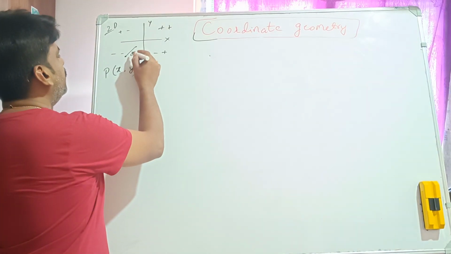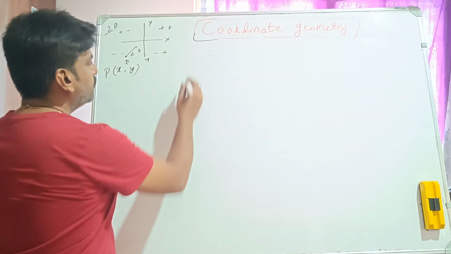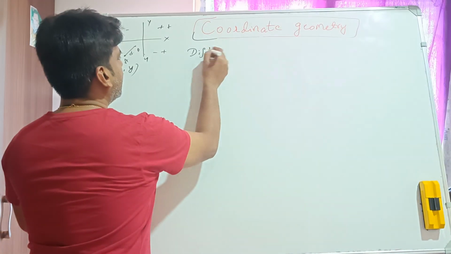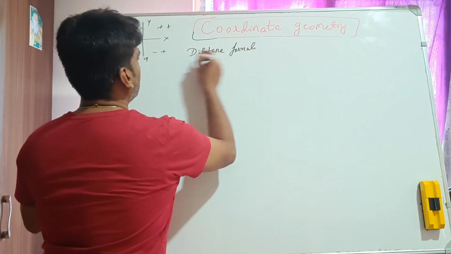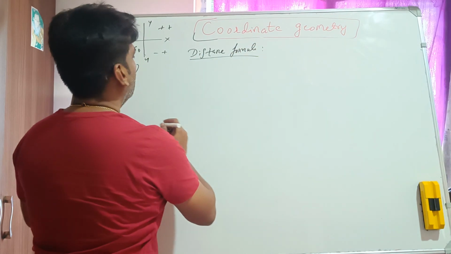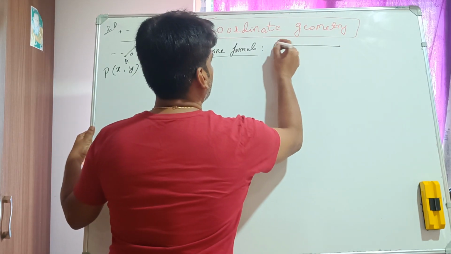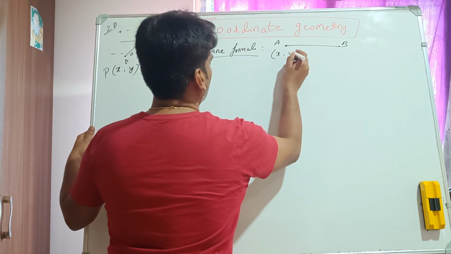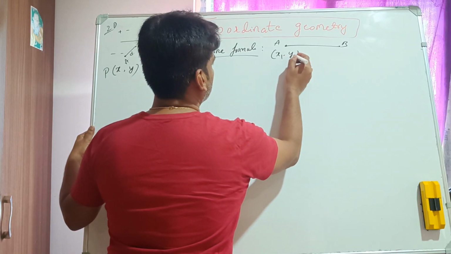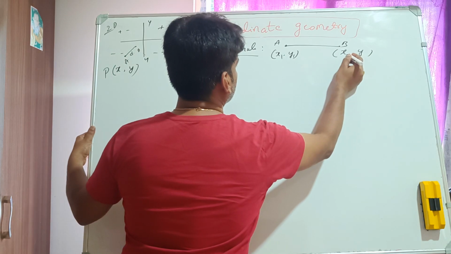Now suppose any two points are existing, and I am joining these two, and I want to know the distance between these points A and B. For this we will use a formula called the distance formula. How can we write it? Suppose I take A and this as B. Point A is x1, y1, since it is the first point, and point B is x2, y2, since it is the second point.